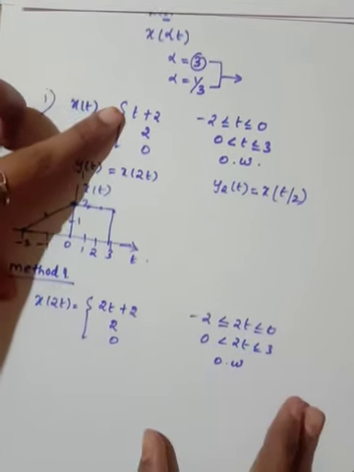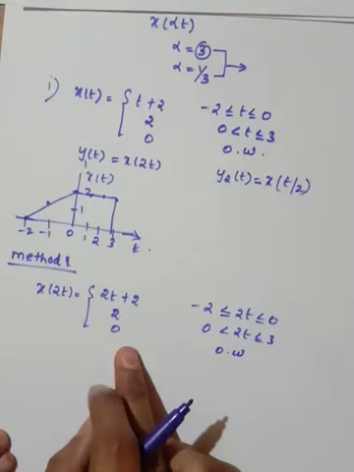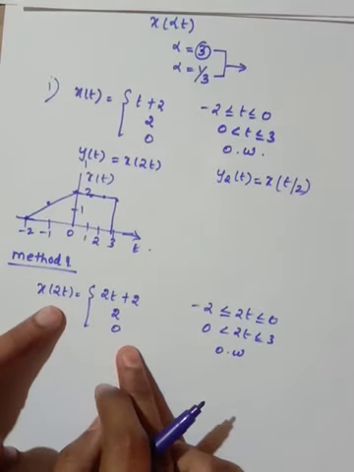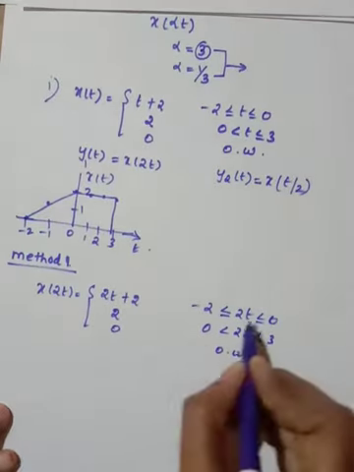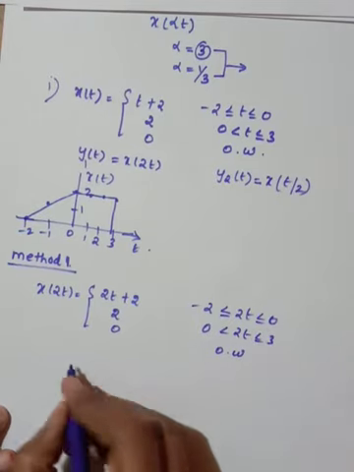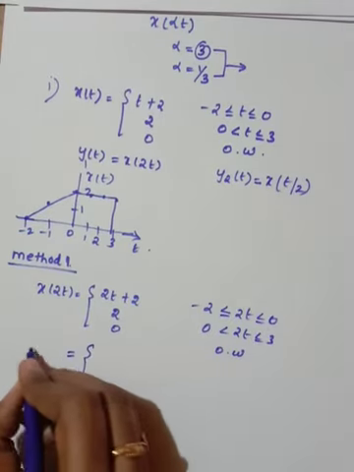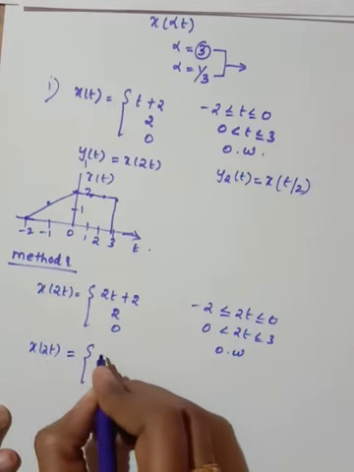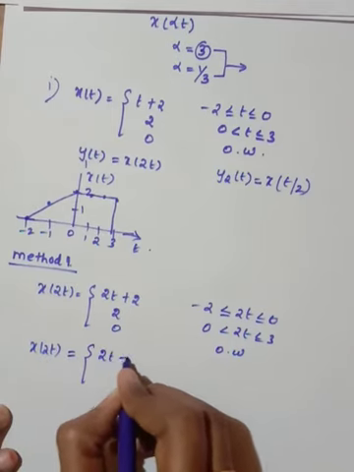This is your expression after substituting for x of 2t. Now you need to simplify this.